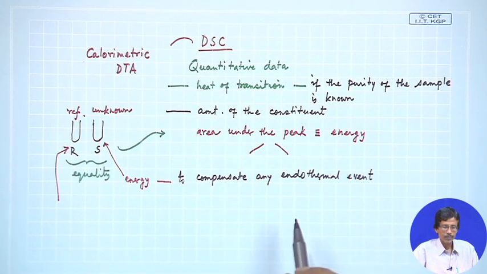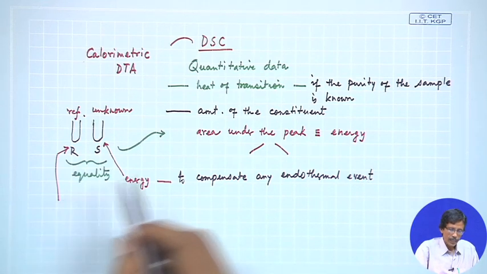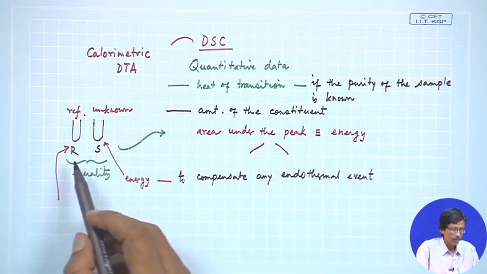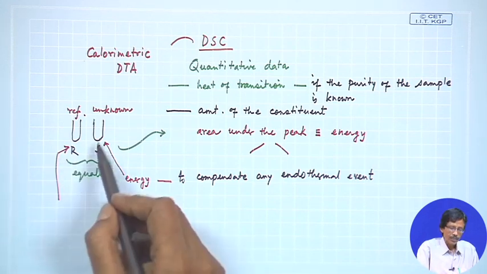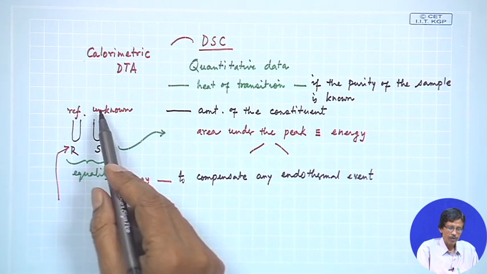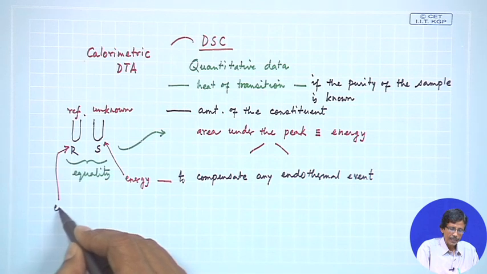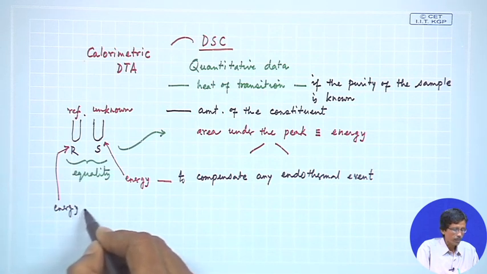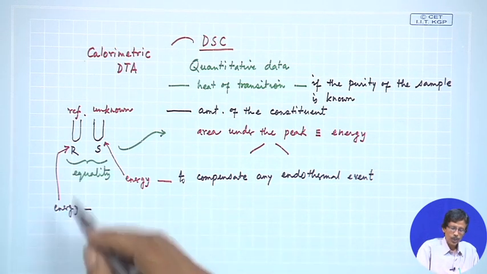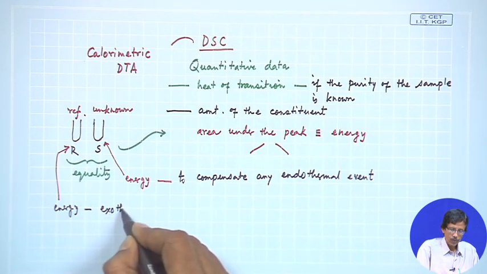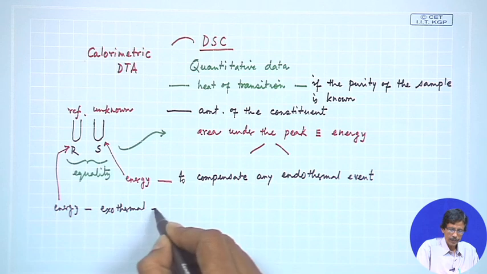Similarly, energy will be supplied to the reference material, because if the process is exothermic, the temperature of the sample will be up and the reference will lag behind. So, in that case energy will be supplied to the chamber where you have an exothermal event.